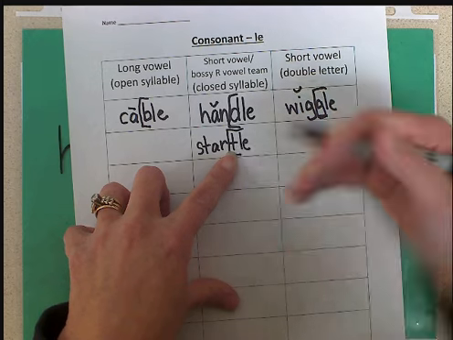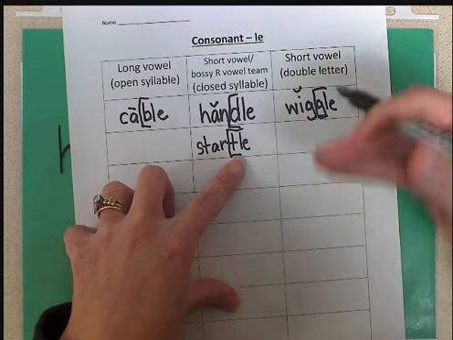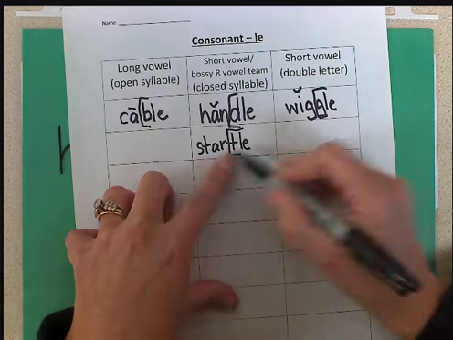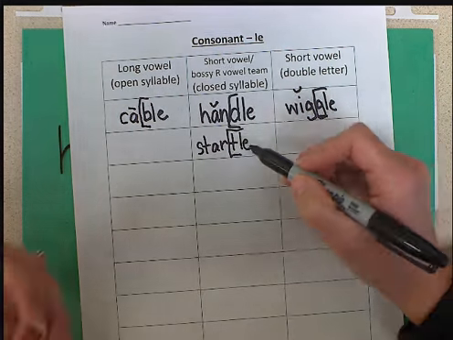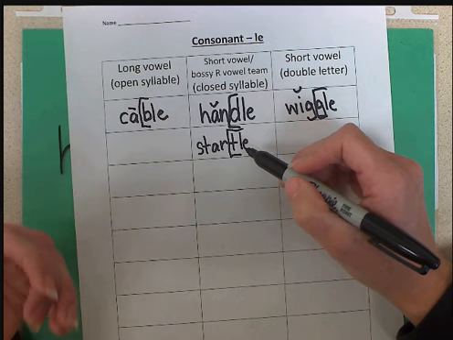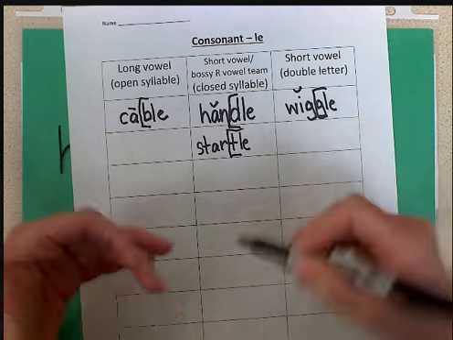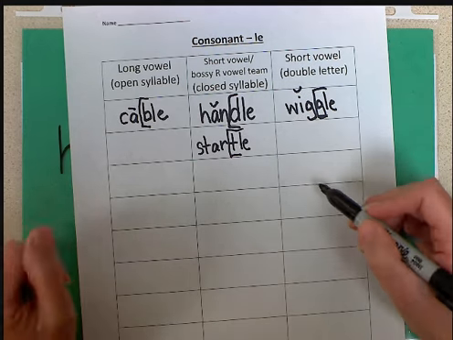It ends with a puff of air, but when it's in the middle next to the LE, we kind of lose that puff of air and it becomes a D sound. So it's startle. So they really have to think about, after they write it, does it look right with the DLE or does it look right with the TLE? That one is a little bit harder.